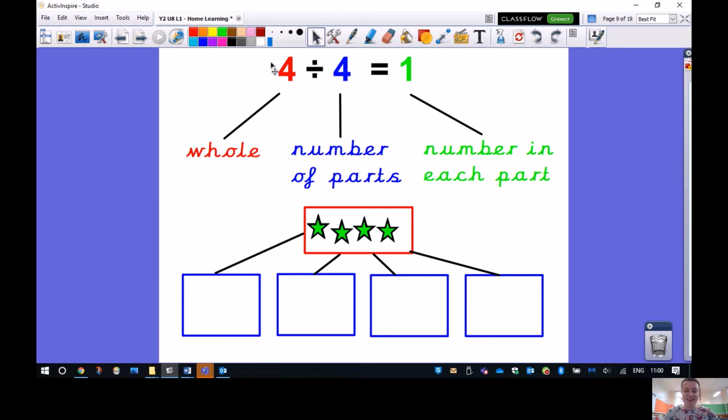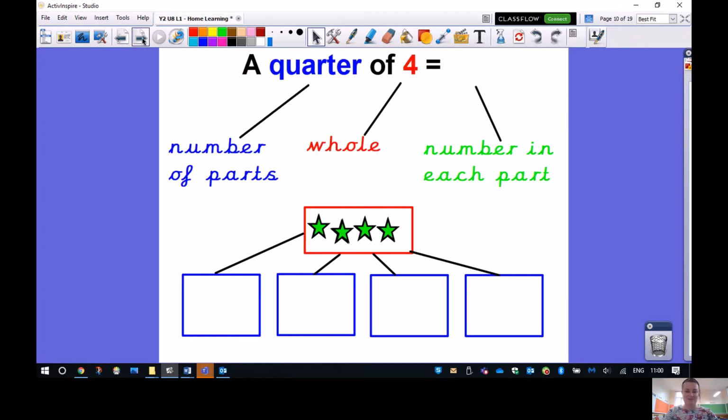So 4 is our whole, and the number of parts we have is still 4, and the number in each part is 1. Four divided into 4 groups equals 1.